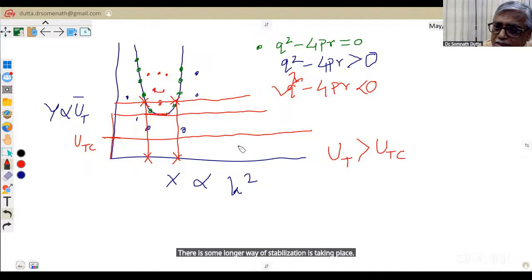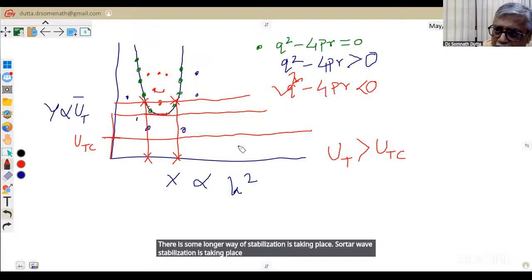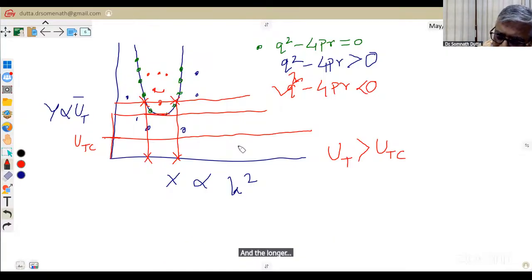Shorter wave stabilization is taking place by the atmospheric static stability effect, and the longer wave stabilization is taking place by the beta effect.